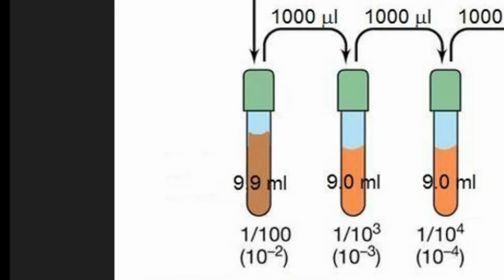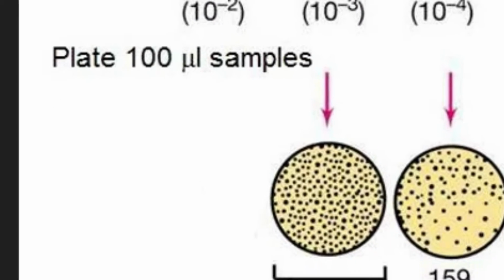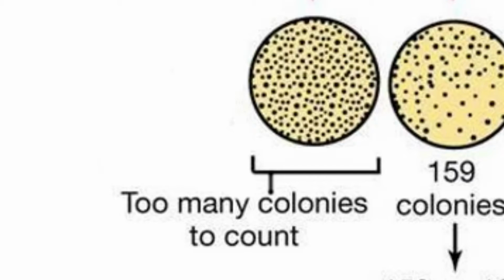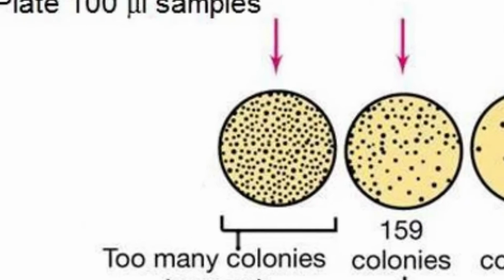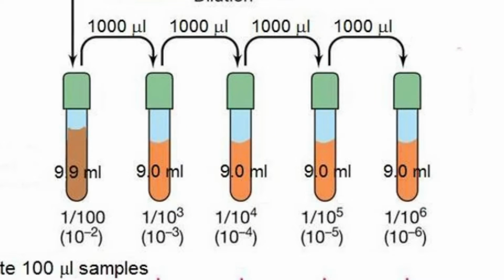Now, typically, that will still be too concentrated for you to see individual colonies, so you will undergo a series of dilutions. And the thing that is very important here is that the dilutions occur not going back to the original sample, but are dilutions of just the previous tube, right?